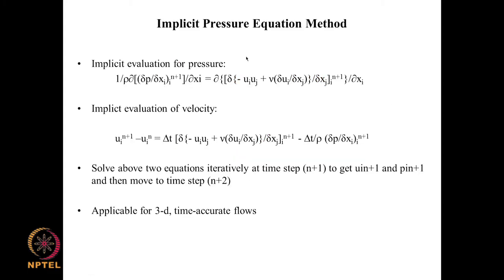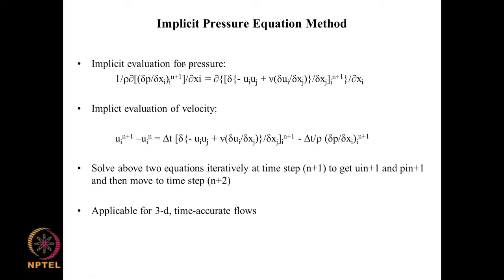Whereas, in the case of the implicit pressure equation, you are solving this equation here for pressure p i n plus 1 with an assumed velocity field at n plus 1, and once you get this p i n plus 1 we substitute here and then solve this one to get u i n plus 1. Because now u i n plus 1 has changed, the velocity pressure field also gets changed.